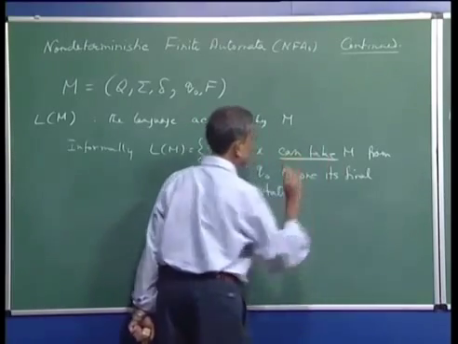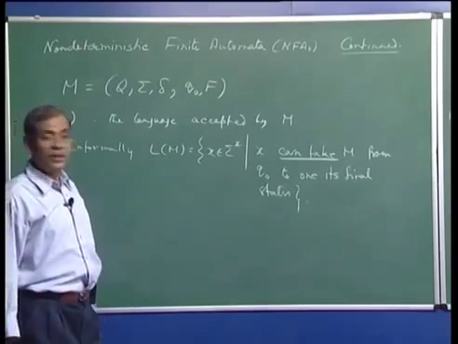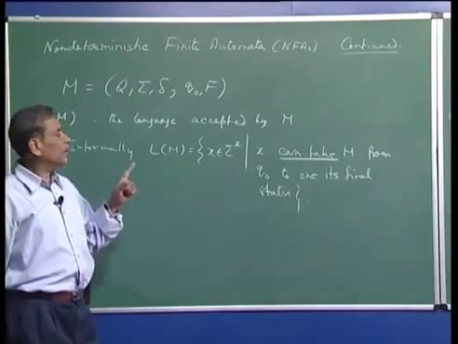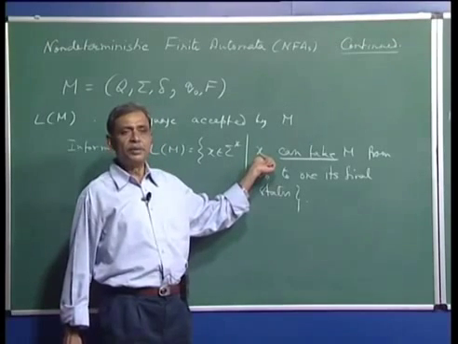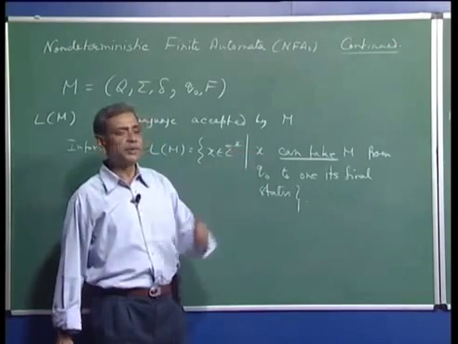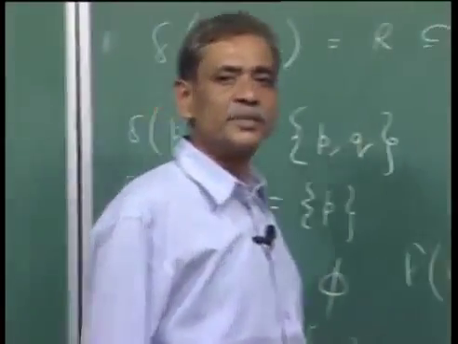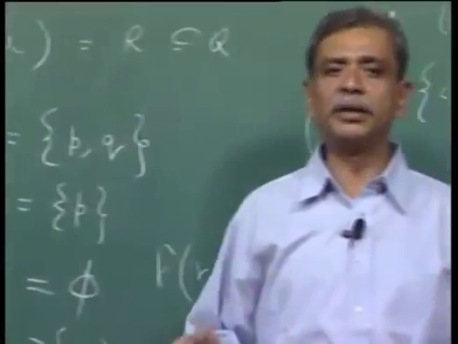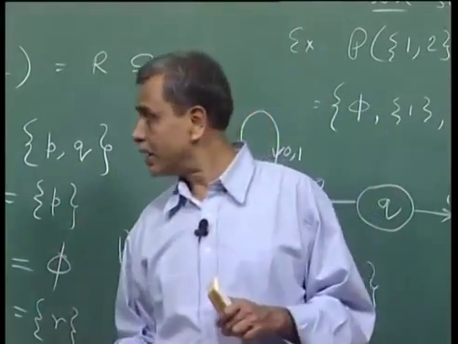Remember, I emphasize that because it is a non-deterministic machine, a string can give rise to many different computational paths, and depending on the non-deterministic choices made by the machine in a particular computation, it will be either in this state or in that state.